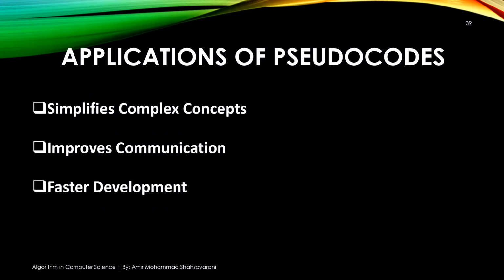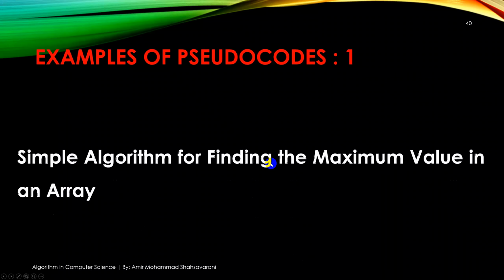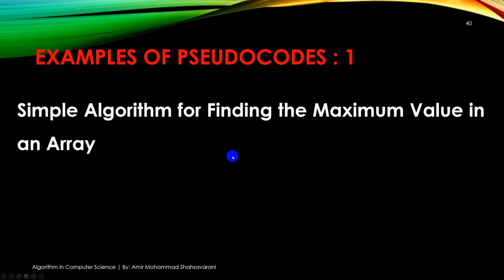First of all, our first example of pseudocode would be something like this. A simple algorithm for finding the maximum value in an array. We do have some array and we want to find some simple algorithm to do so.